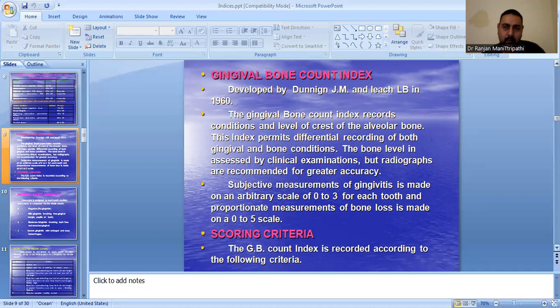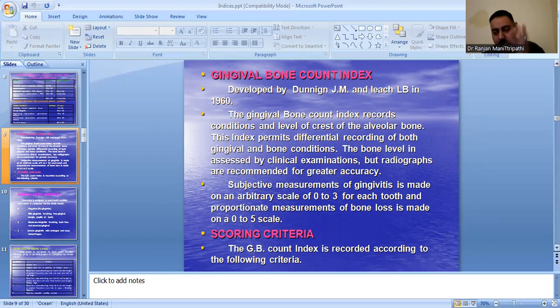The bone level is assessed by clinical examination, but radiographs are recommended for greater accuracy. Subjective measurement of gingivitis is made on an arbitrary scale of 0 to 3 for each tooth, and proportionate measurement of bone loss is made on a 0 to 5 scale.